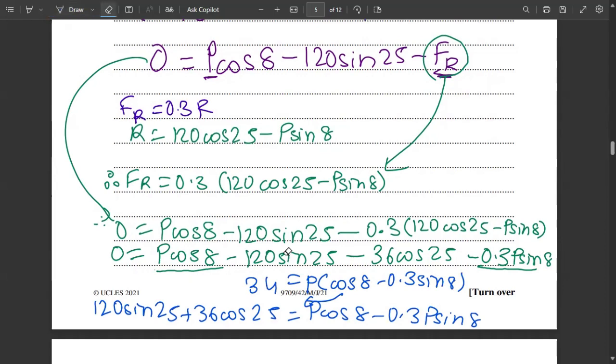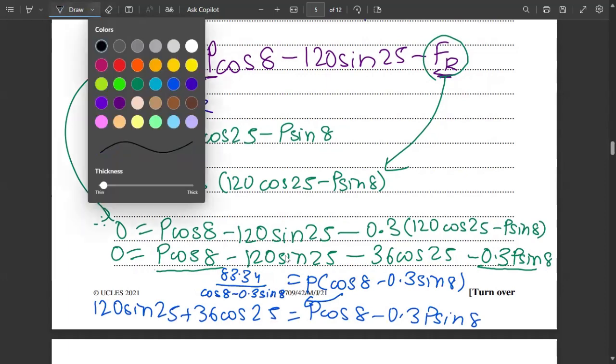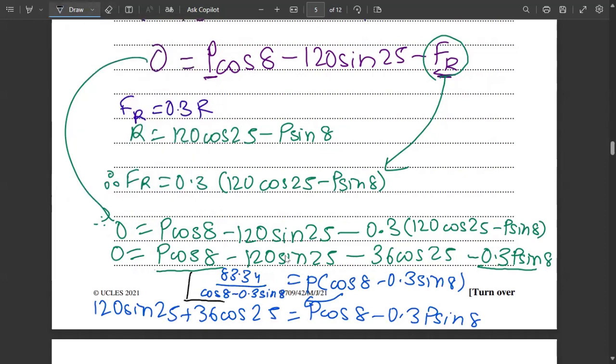Now I can put this down here. So 83.34 upon cos 8 minus 0.3 sin 8. Let me erase this.